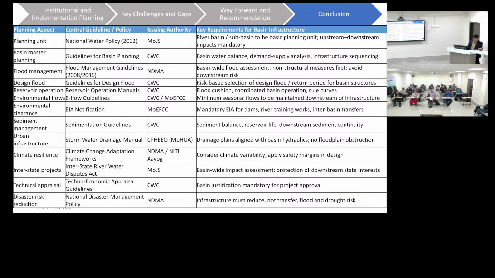Then disaster risk reduction: NDMA is the agency, we should get the approval. These are some agency documents, and all these agencies have their guideline documents. So this is how we should consider these factors, and then the basin-specific recommendations will come in the basin-specific master plan.